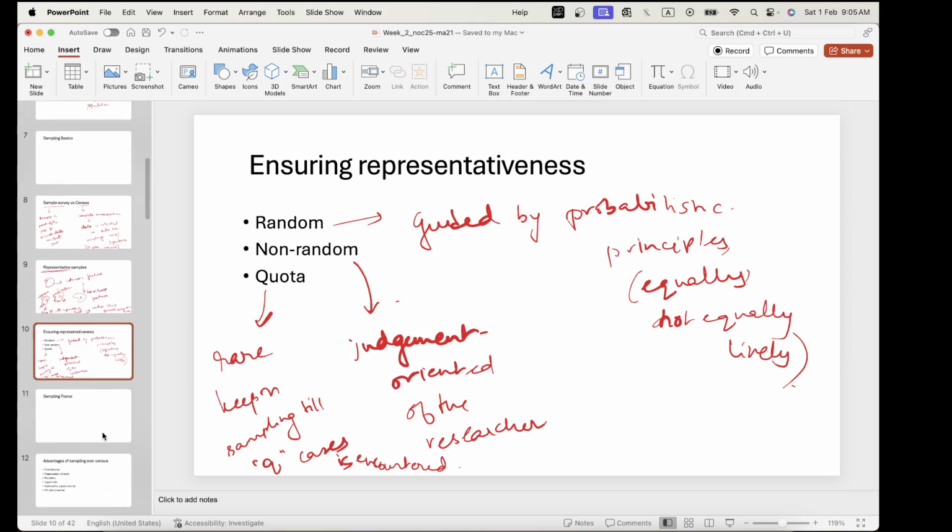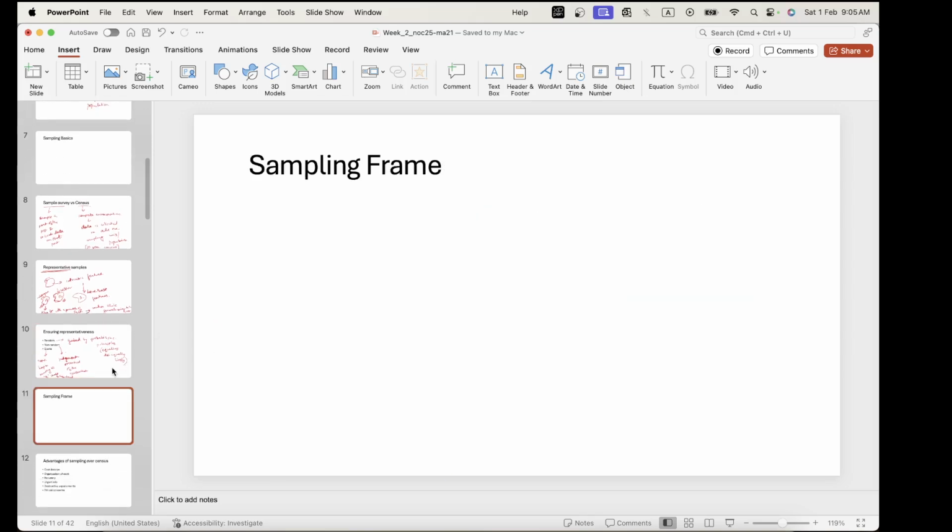So that was about ensuring representativeness, and then we also talked about sampling frame. Every sampling unit in the population has an ID associated with it.